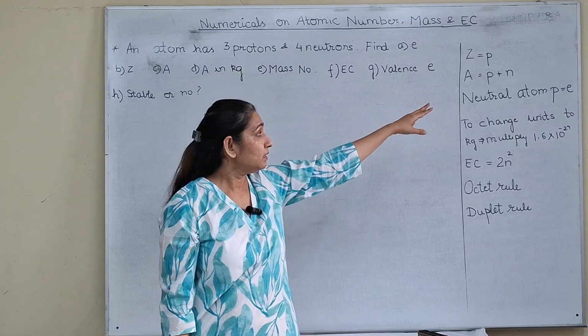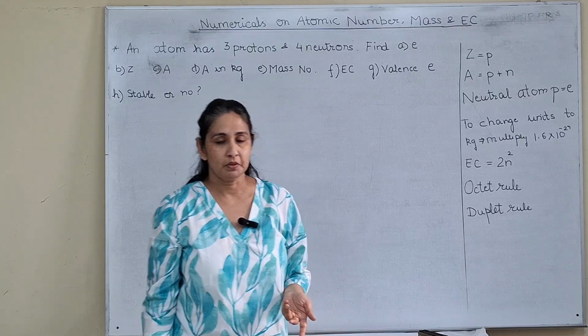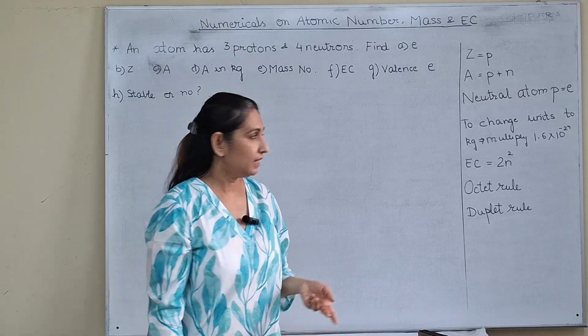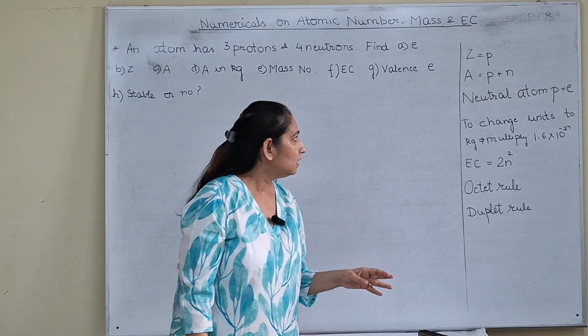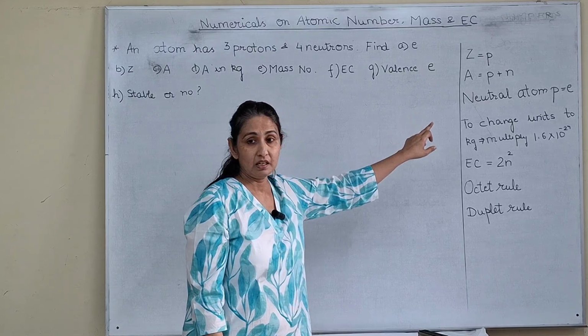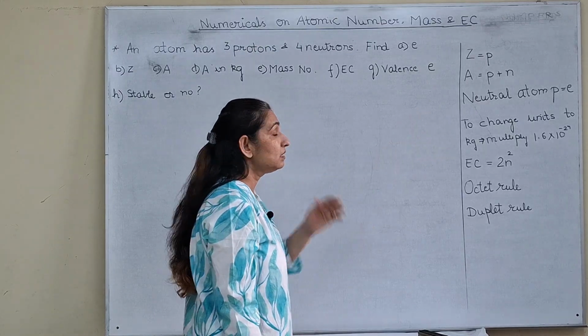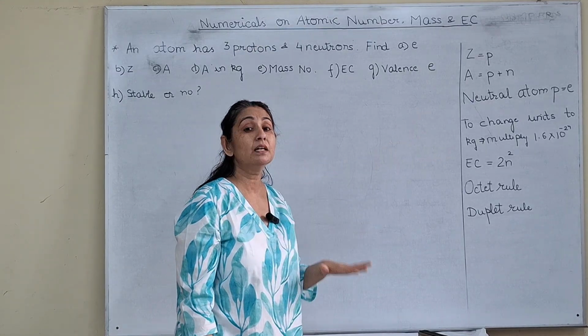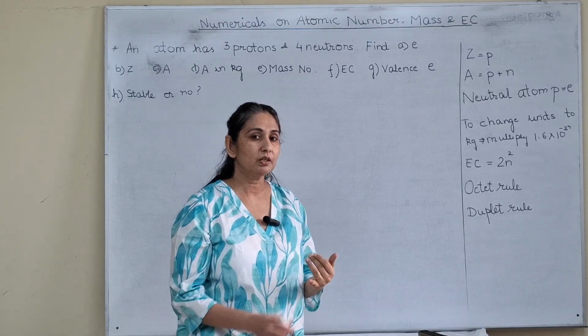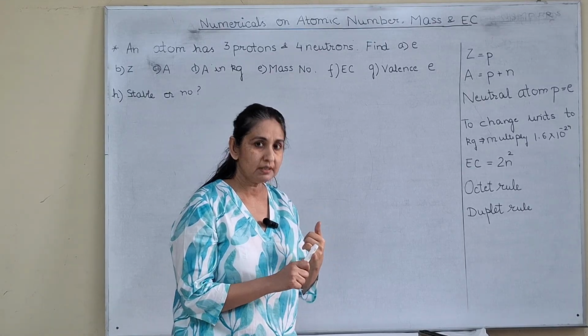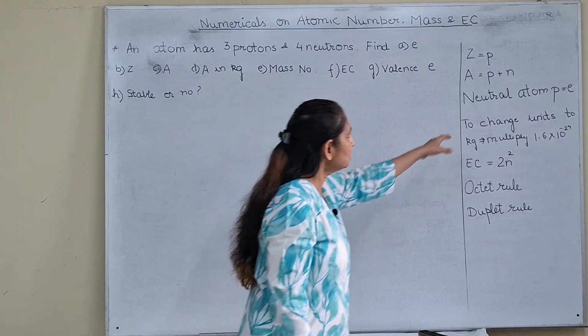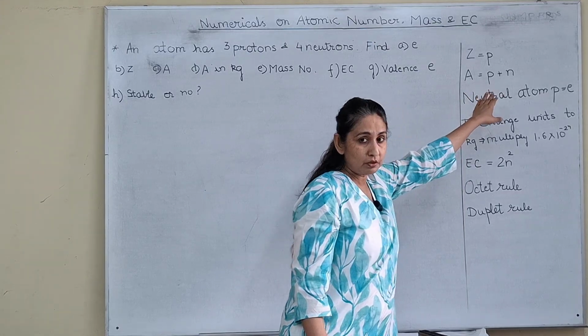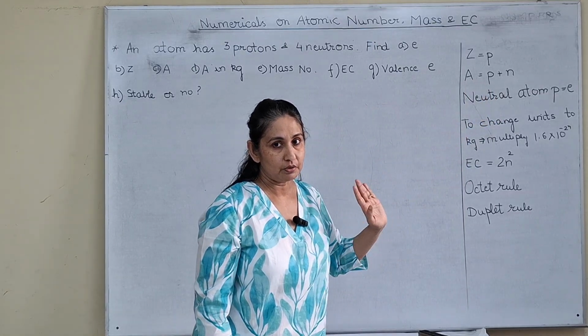symbol for atomic number, and its definition was number of protons, right? But A itself was mass, atomic mass, which includes protons and neutrons. That's why number of protons and number of neutrons.